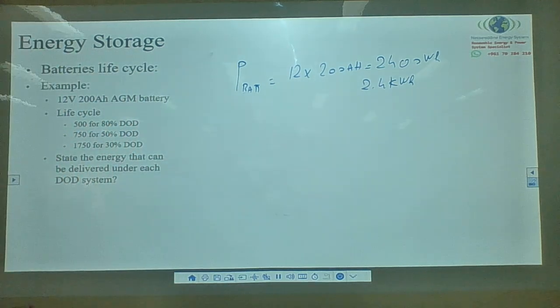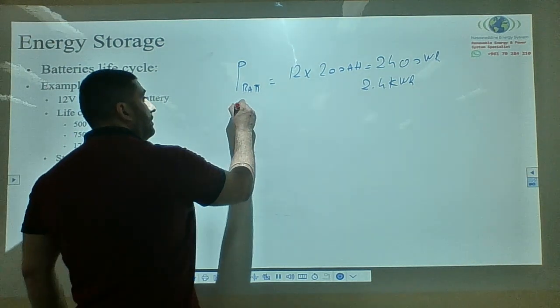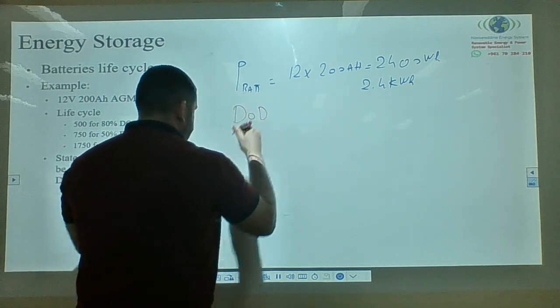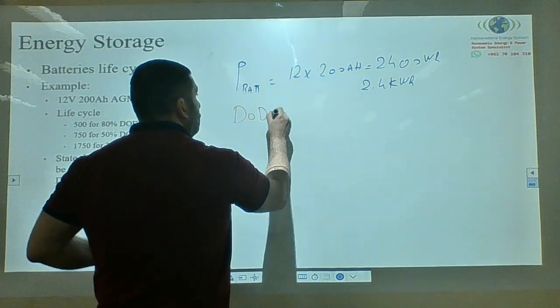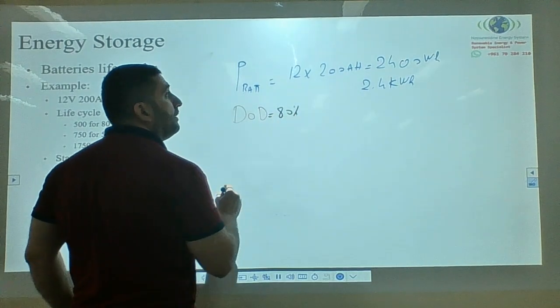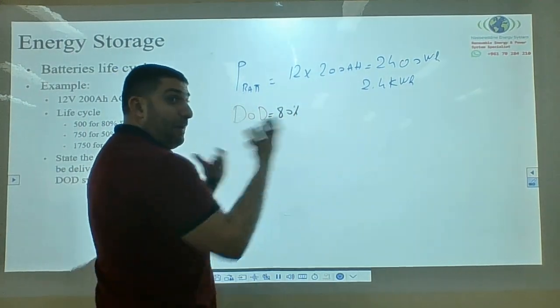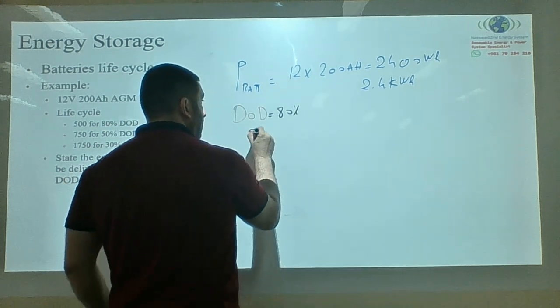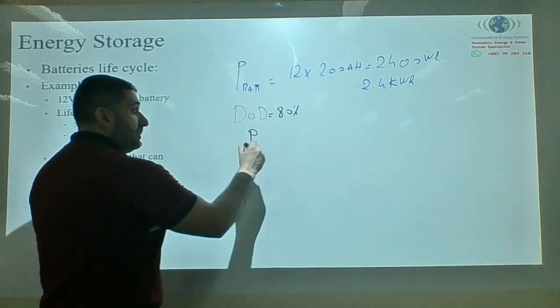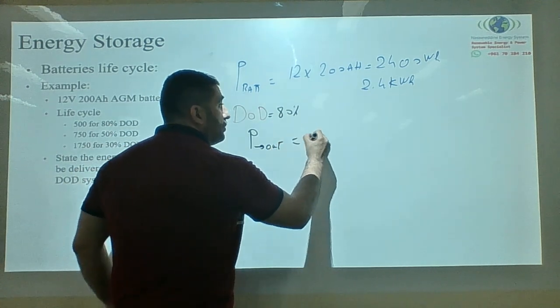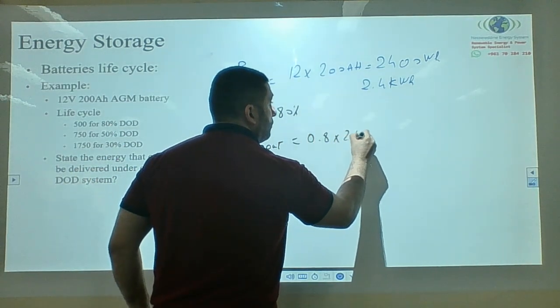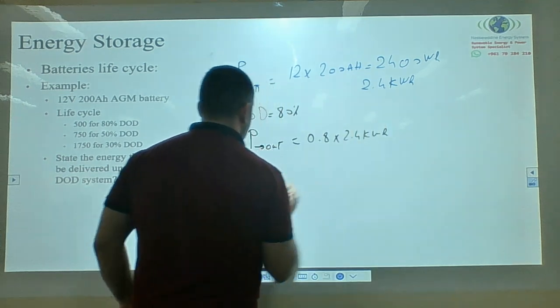So now, under an 80% DOD system, the power that you can take, P out of the battery, is equal to 0.8 times 2.4 kilowatt hour.